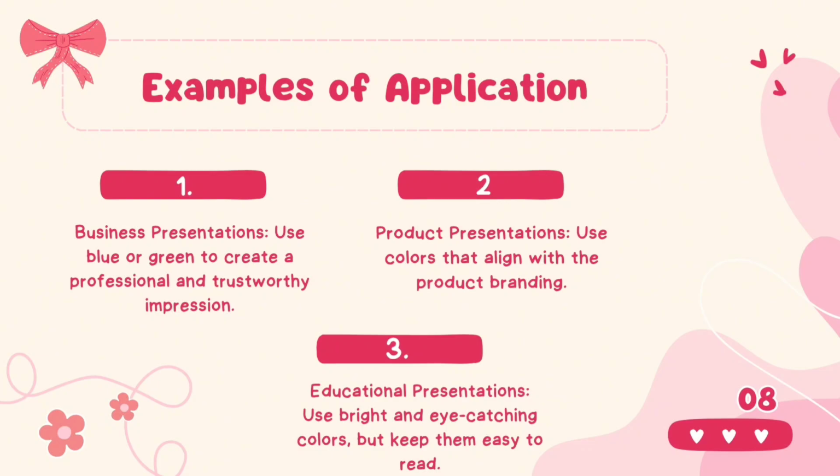The second, for product presentations, match the color to the product branding so that it looks harmonious and attractive. And finally, for educational presentations, use bright and eye-catching colors, but make sure they are easy to read so as not to interfere with the audience's understanding.